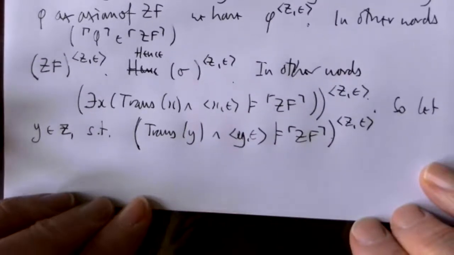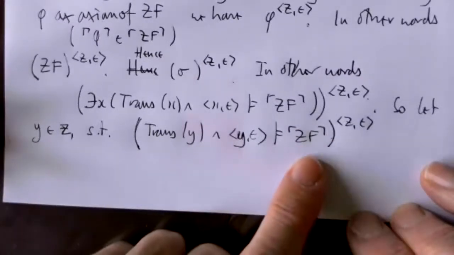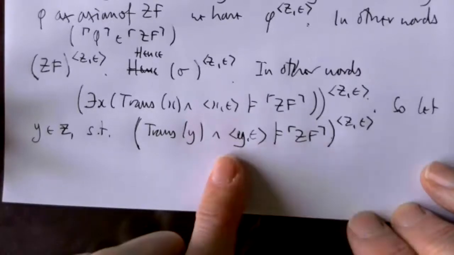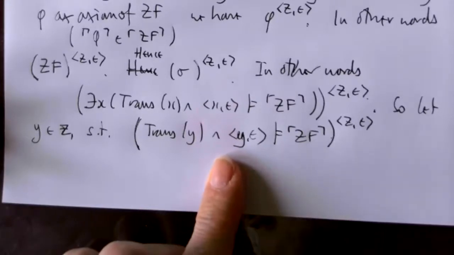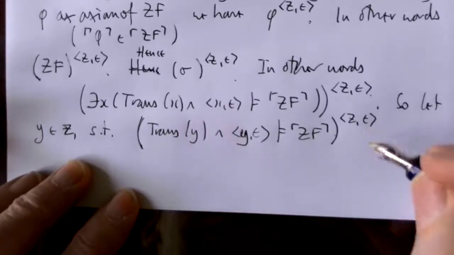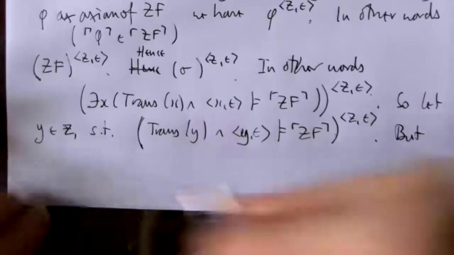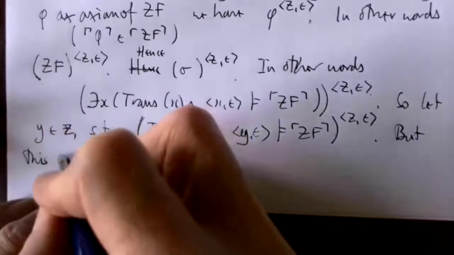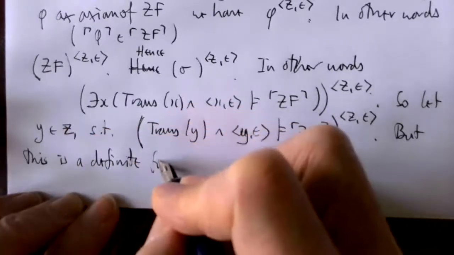And now by the work that we've done, these concepts are definite. Being transitive, this is a definite collection of codes. This is a definite relationship between this set and this structure here. So this holds if and only if it holds there in V. But this is a definite formula.